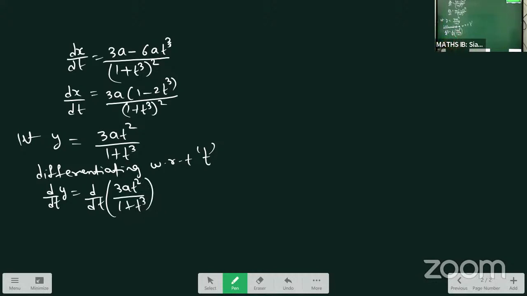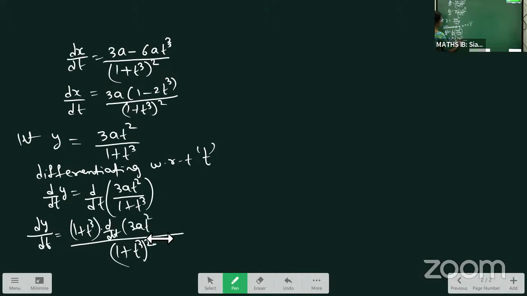U by v formula. So left side, d by dt of y is dy by dt. Denominator whole square, that is (1 plus t cube) whole square. v into (1 plus t cube) into d by dt of 3at square minus 3at square into d by dt of (1 plus t cube).